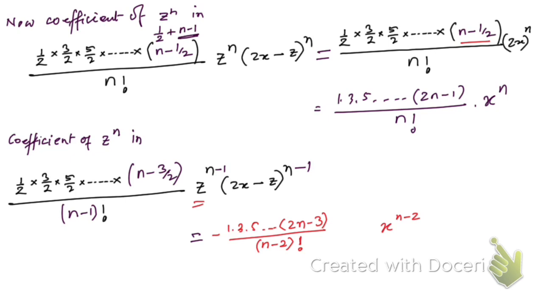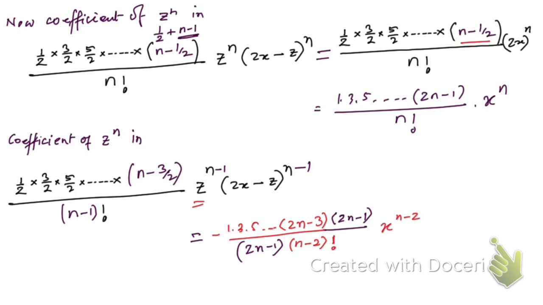So in order to get this, let me multiply here twice n minus 1, because the difference between these two terms is 2. Here we have minus 3, here we have minus 1, because in this pattern 1 and 3 differ by 2, 3 and 5 differ by 2, right? Hope you have understood that. And if you have multiplied this with the numerator, then it must be multiplied with the denominator as well, that is twice n minus 1. Here it should be multiplied, right? Hope you have understood this.